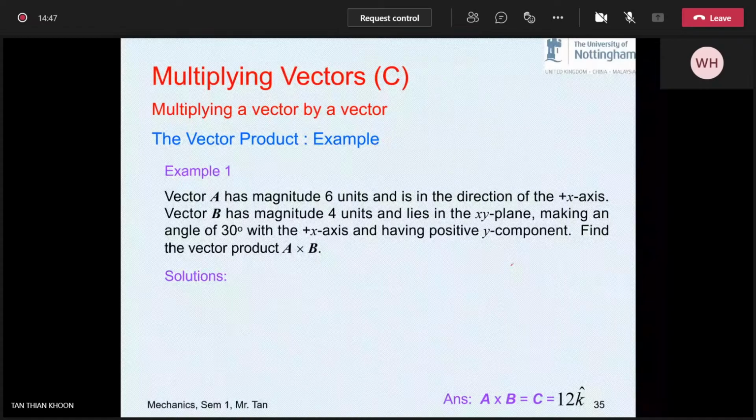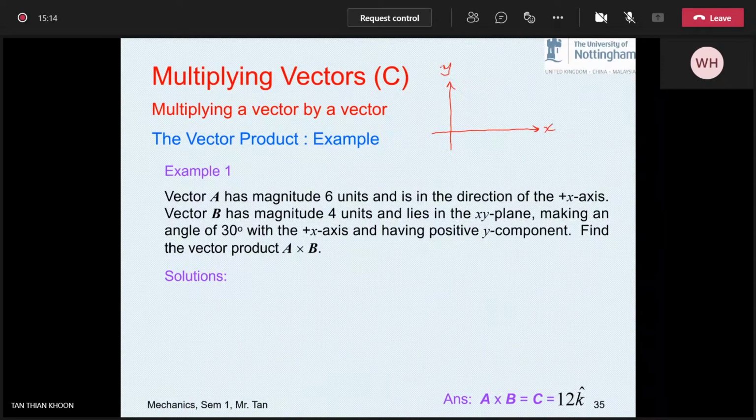So we actually can sketch, to have a better picture of what our first step is. As I mentioned earlier, we try to sketch out what these vectors are about. So we have this x-axis, y-axis.